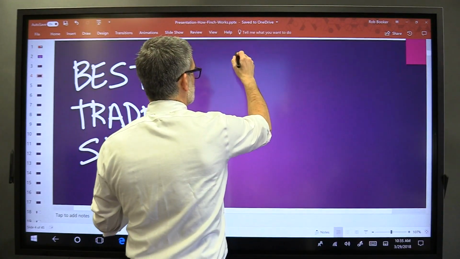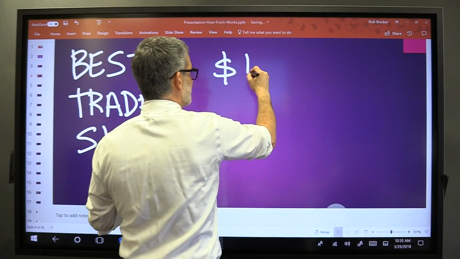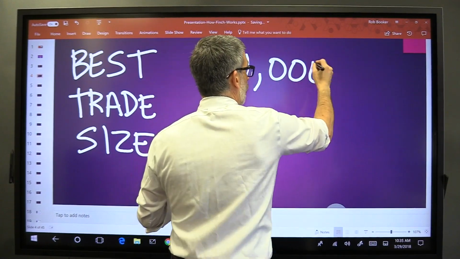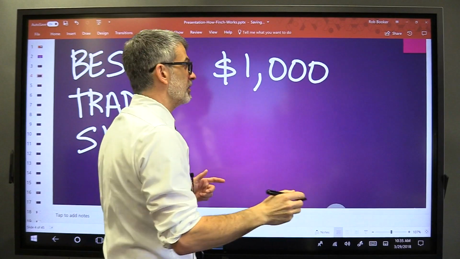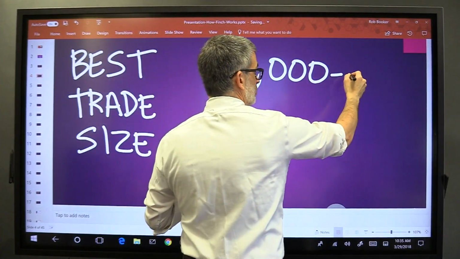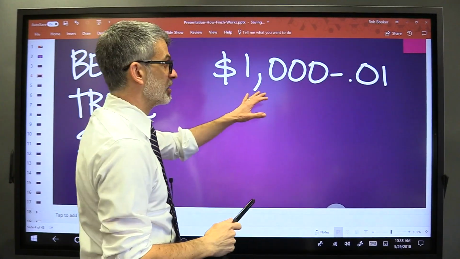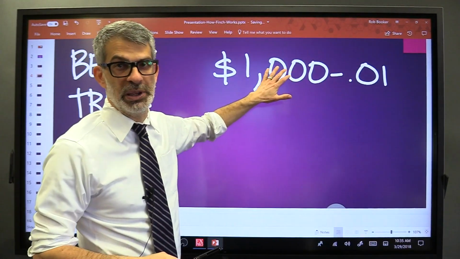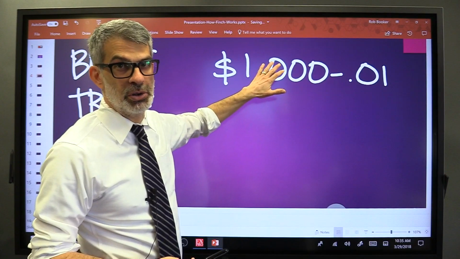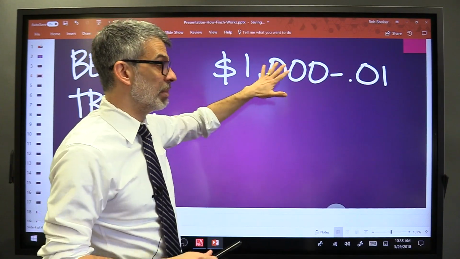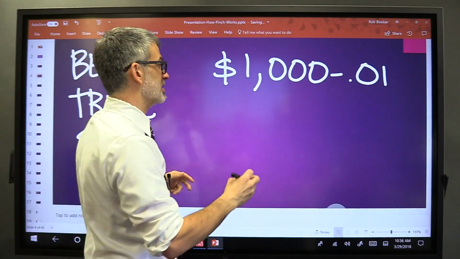If your first trading account is less than or equal to $1,000, then the very best trade size to start with is 0.01, or a micro lot. In fact, your Forex dealer may open an account for you called a micro account, where a micro trade size is the starter trade size.